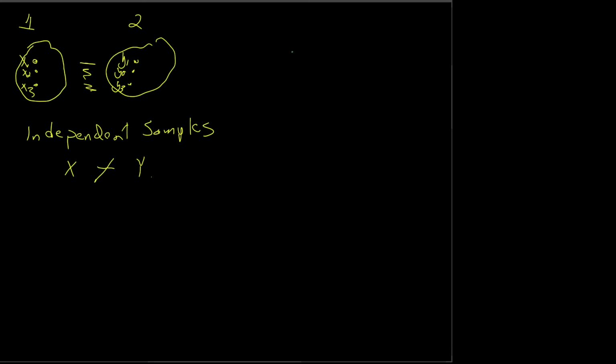Now, if they're dependent, mathematically they might look slightly similar, but there's some reason that each member has a corresponding member over here. That correspondence means that this piece of data matches exactly with this piece of data, and this matches with this, and this matches with this.